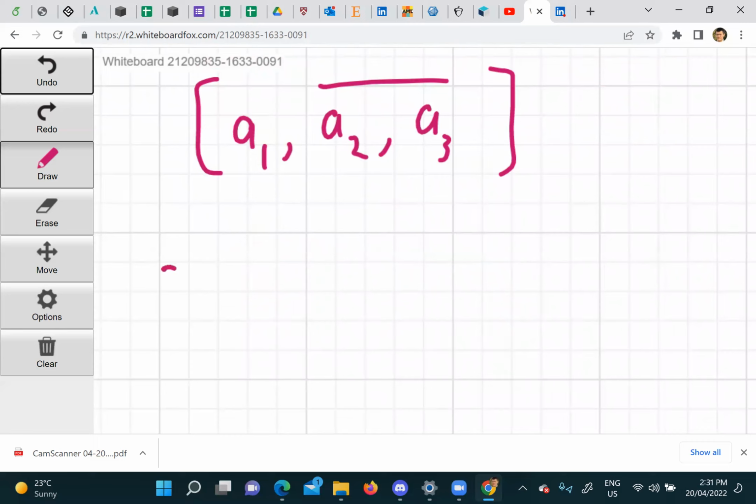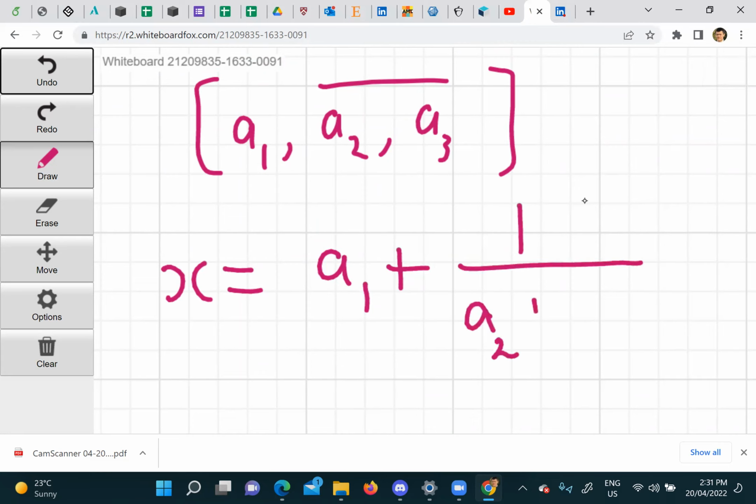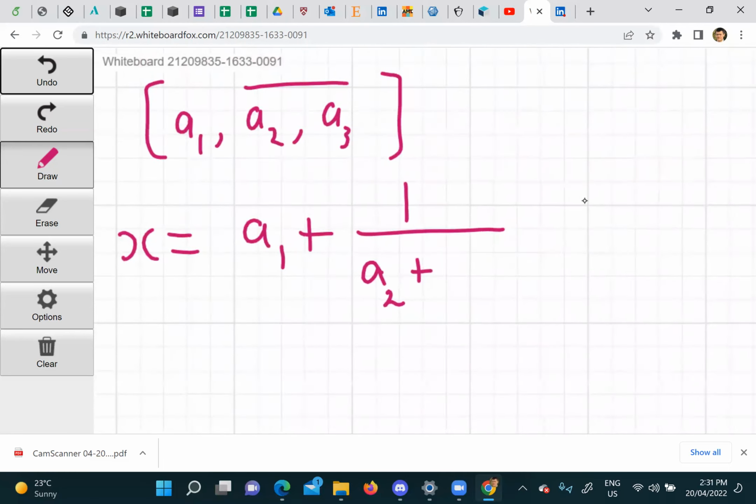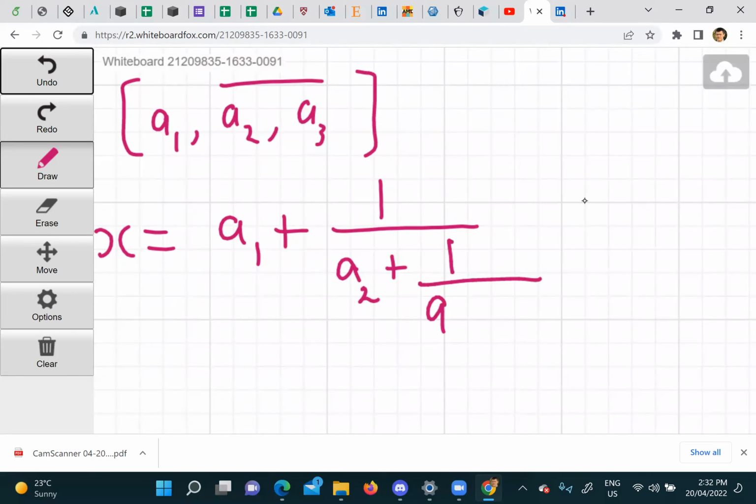You let it be x. So x equals A1 plus 1 on A2 plus 1 on A3 plus, and then here it's A2 again. So is it 1 on x minus A1?